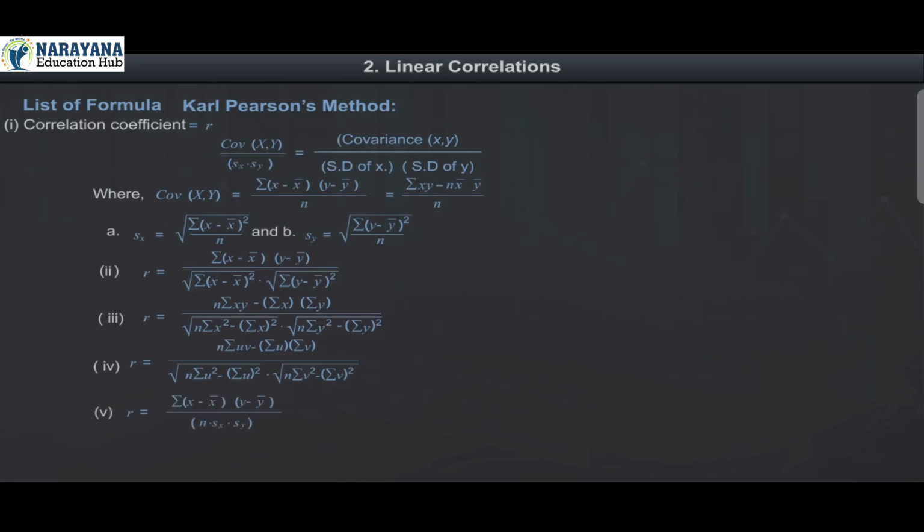5. r is equal to sigma x minus x bar into y minus y bar, divided by n into Sx into Sy. 6. r is equal to sigma xy minus n x bar y bar, divided by n into Sx into Sy.